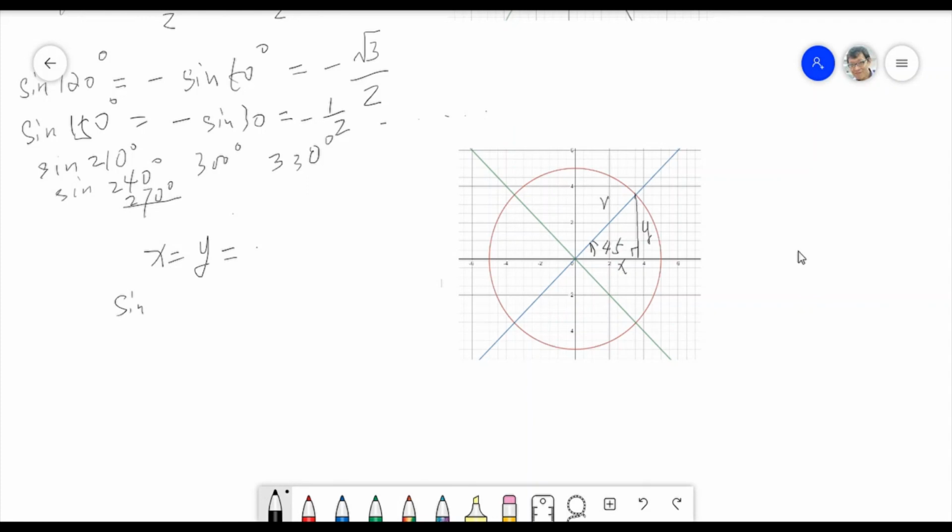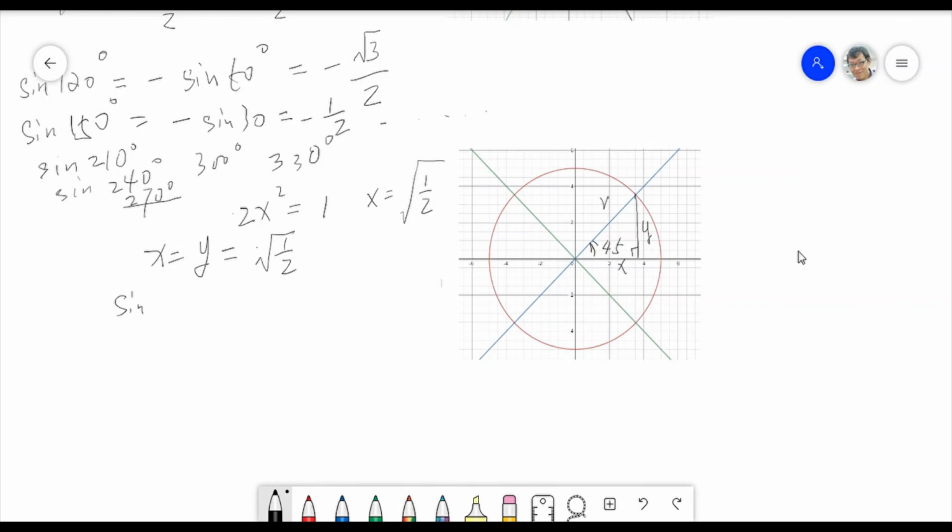R squared. So x squared plus y squared equals 2x squared, right? Because r is equal to 1. So x equals what? 1 over square root of 2. Am I right? Yeah. So this is x. X and y are the same. Am I right? It's like this way.